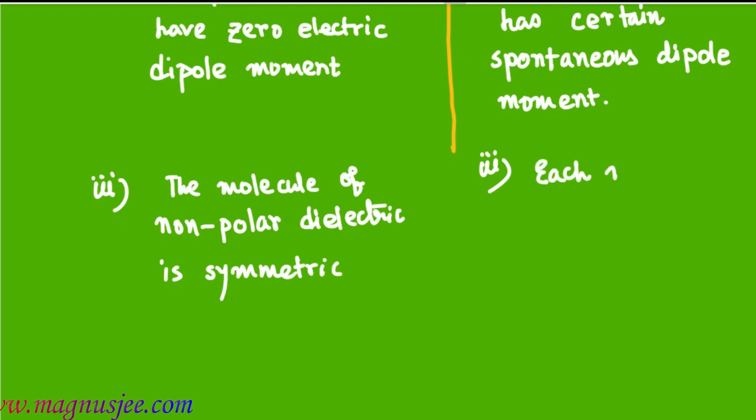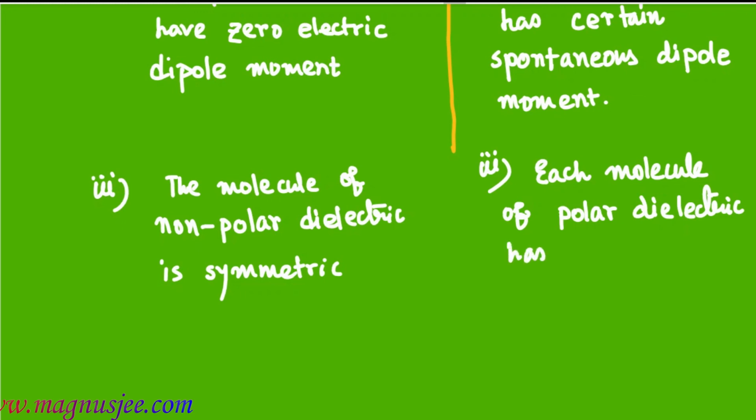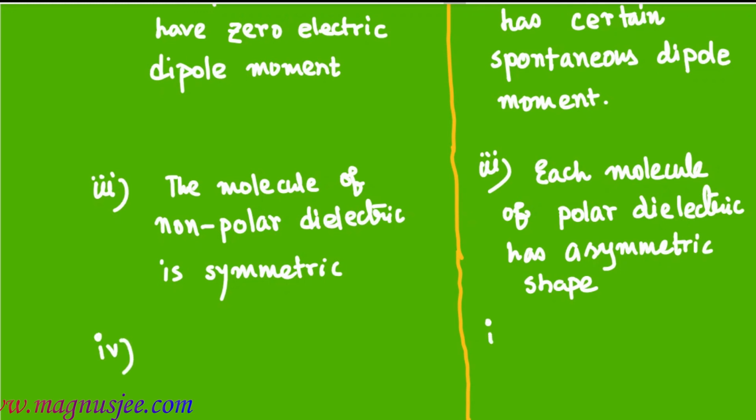But on the right hand side, each molecule of polar dielectric has an asymmetric configuration or asymmetric shape.